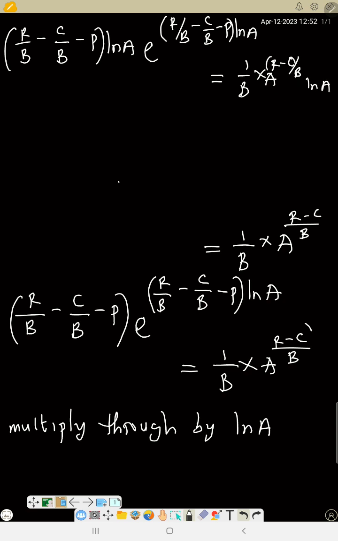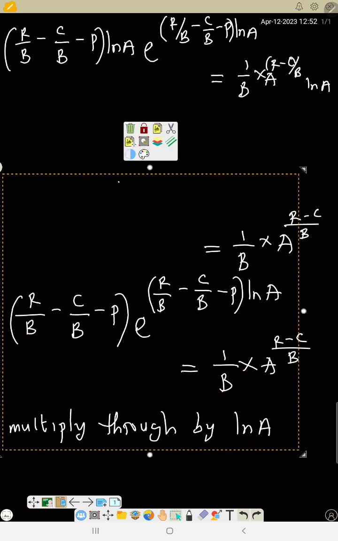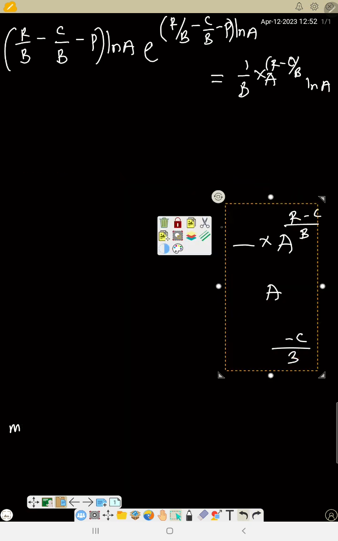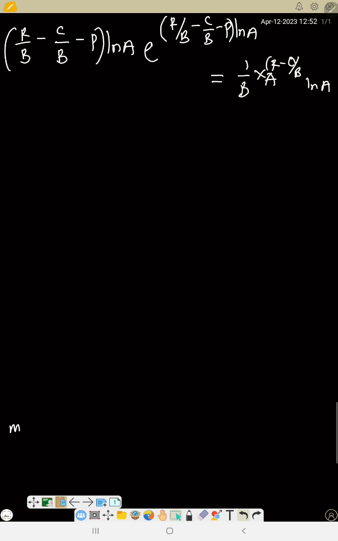So that is all this one multiplied by ln a. So we can use the definition of Lambert W now, because I've achieved my aim here.